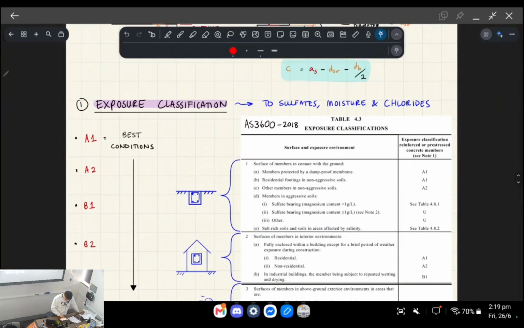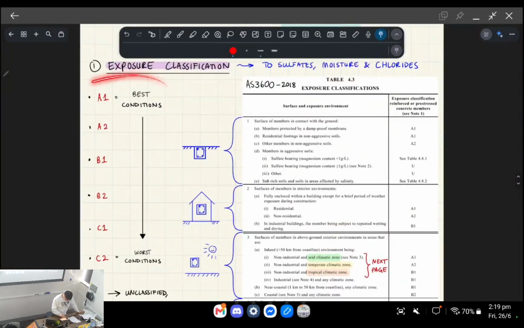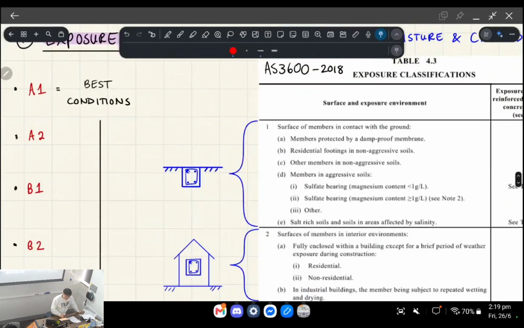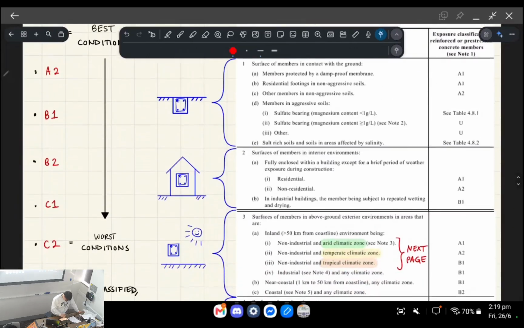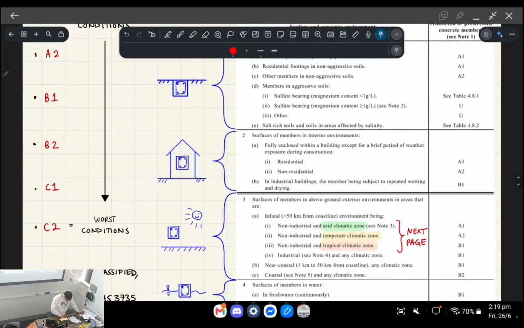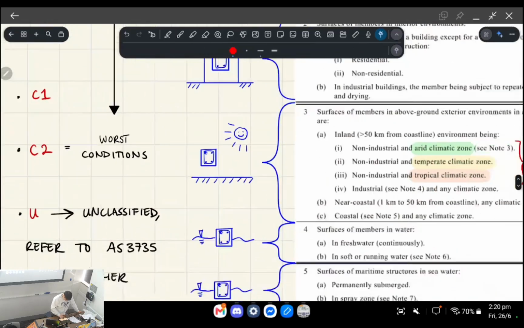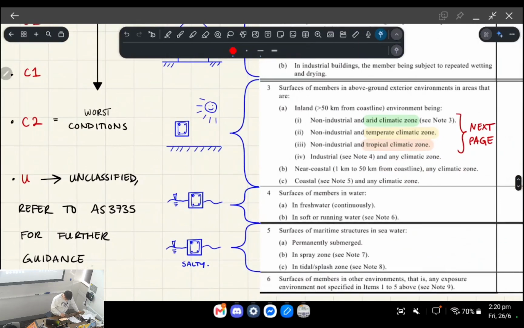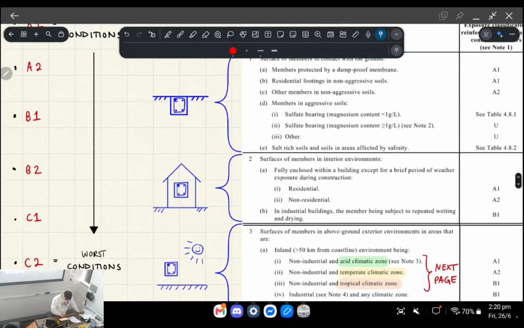Drawing your attention to the left, because this is a crowded page, A1 represents the best conditions, so the smallest amount of cover is required in A1 conditions, followed by A2, B1, B2, C1, and then C2 is the worst condition. U is unclassified and refers you to a different standard for further guidance, so that's special cases. So C2 is the worst and A1's the best.